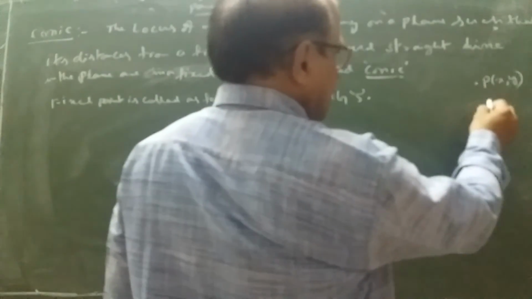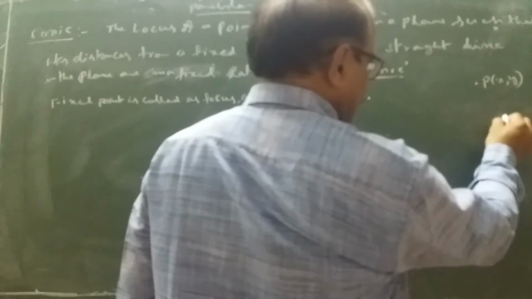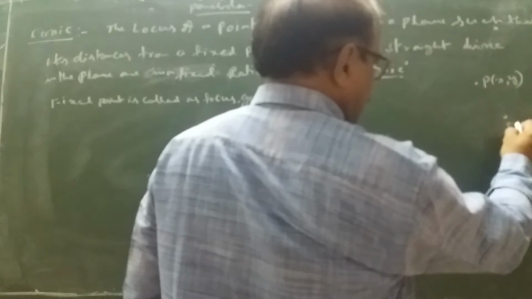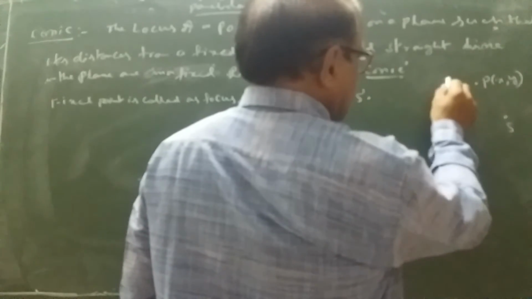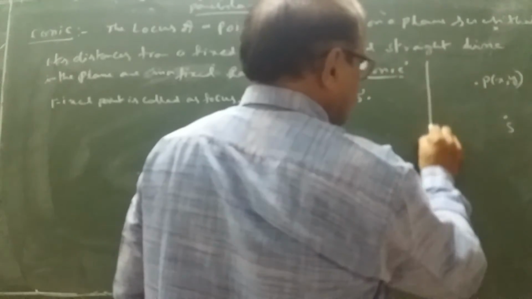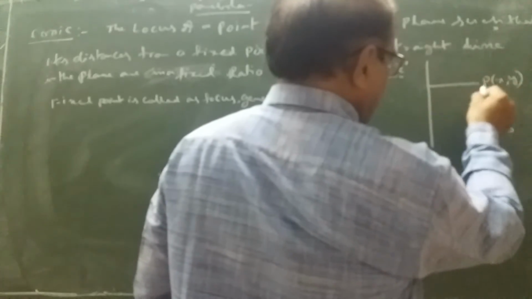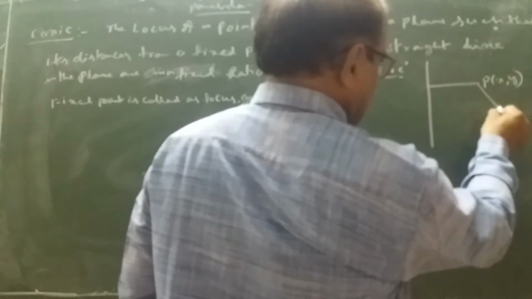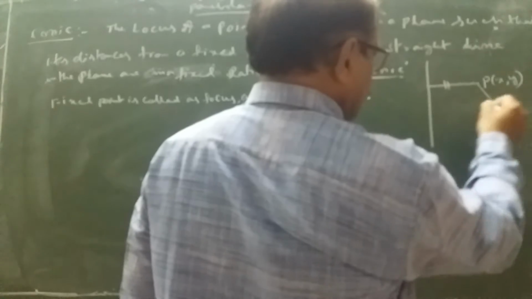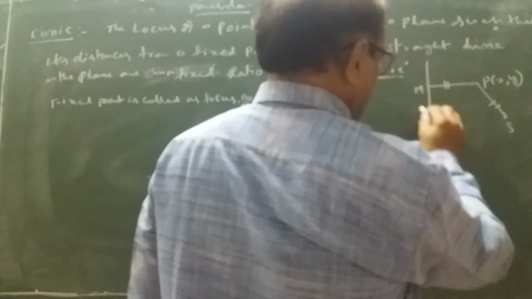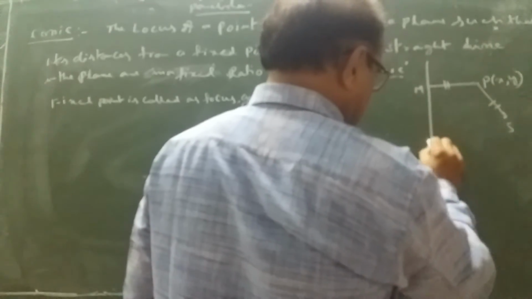It should have equal distances from the fixed point S and the fixed straight line, the perpendicular distance. Let this be M.